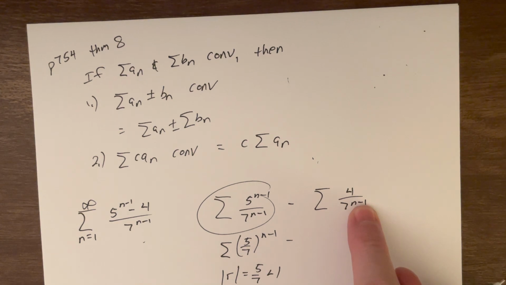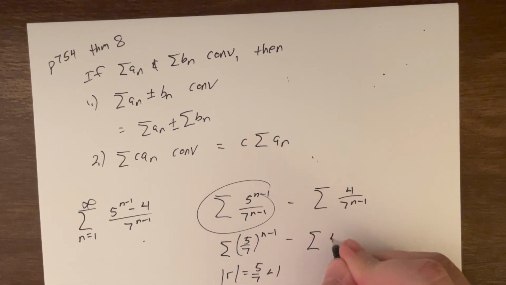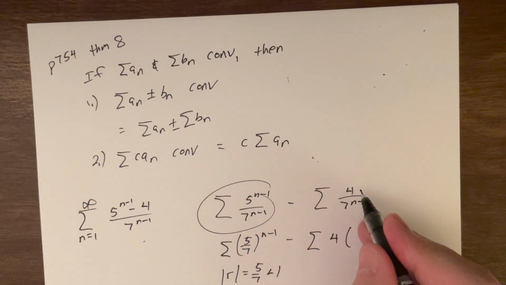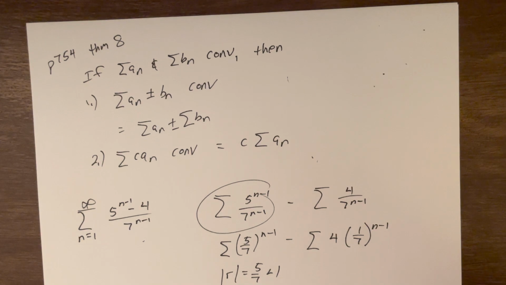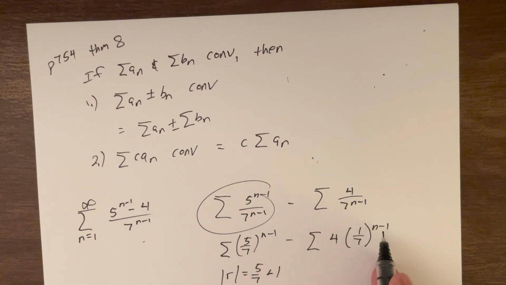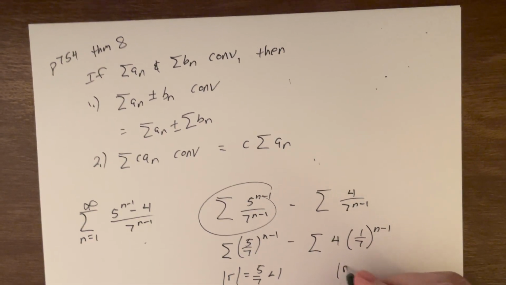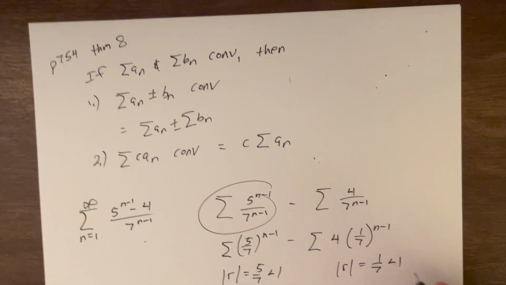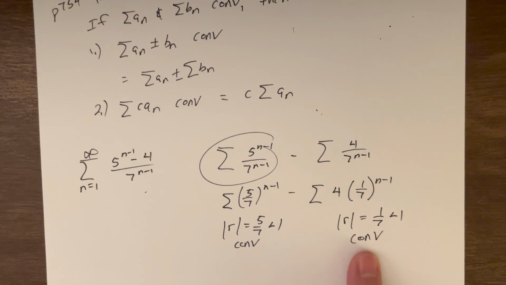Minus, over here, let's kick that 4 out in front. And then I have 1 over 7 to the n minus 1, which I could treat as 1/7 to the n minus 1. Now a is 4, r to the n minus 1. R here is different than r here, but the absolute value of r is still less than 1, so this also converges.